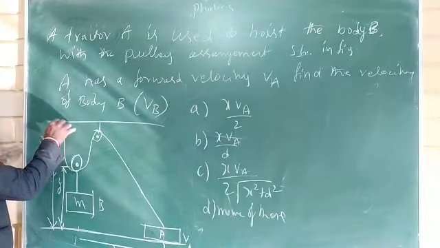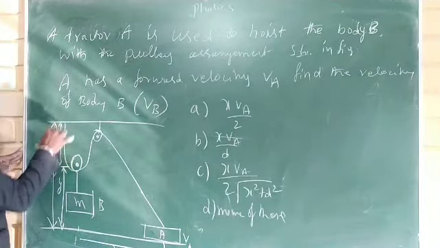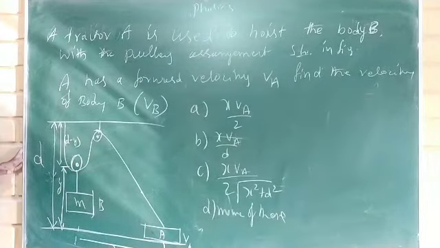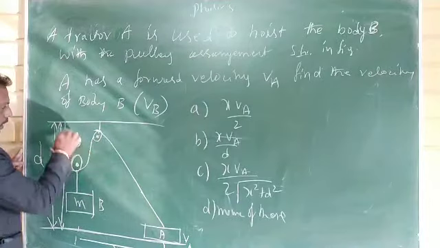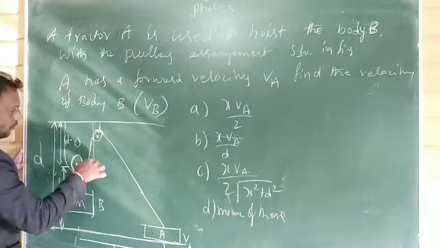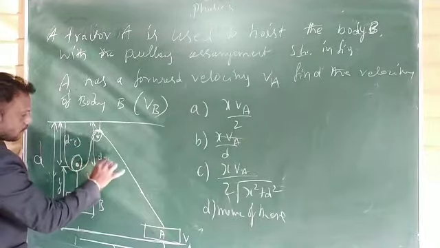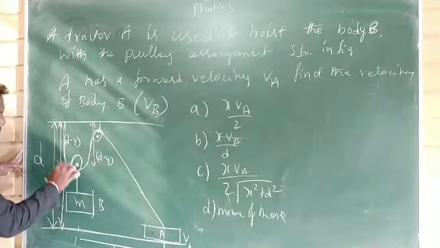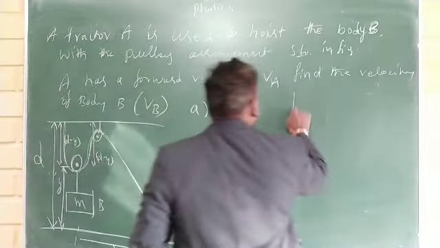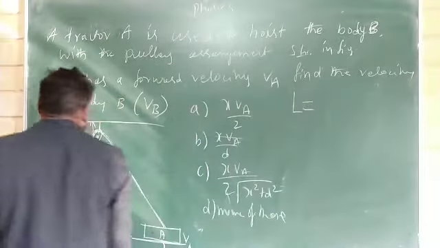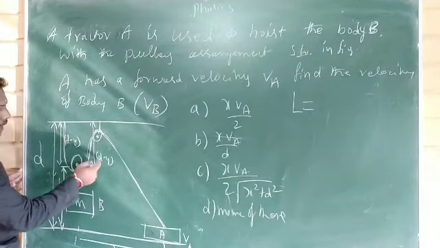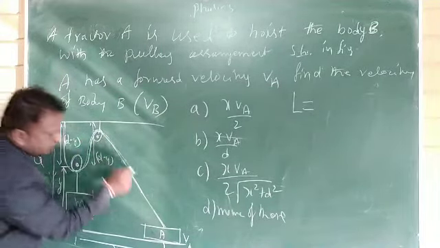The remaining height is d minus y, and here also it is d minus y. The total length of the string we take as L. L is equal to d minus y plus d minus y plus a small l, the length from this point to this point.